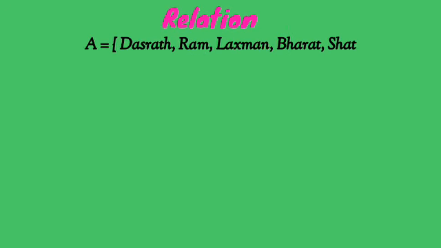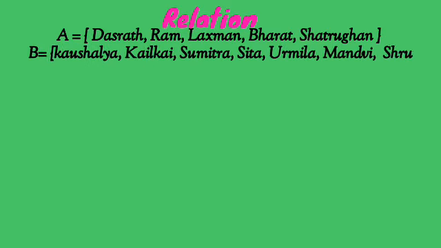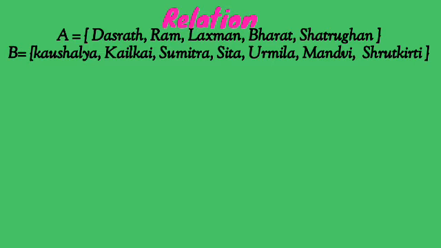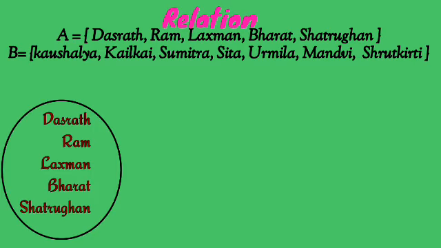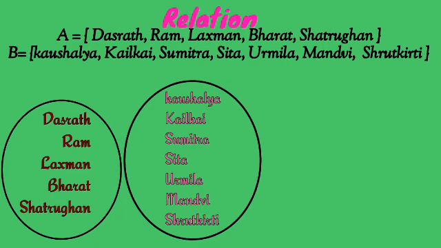To understand this concept properly, let's take an example of the family of Dashrath, where we have taken all the male members of his family as elements of set A and all the female members as elements of the set B. Now if I define a relation husband from the set A to B, let's see what elements should be there in this relation.